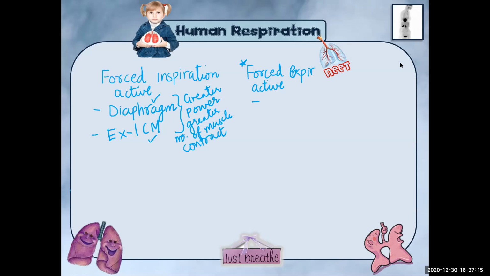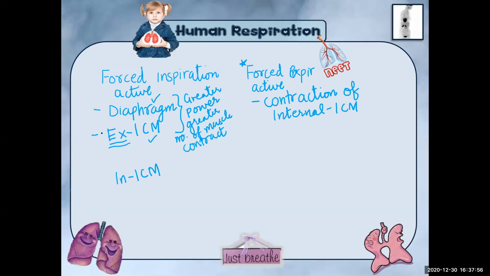ठीक है. Now forced expiration on the other hand is an active process. Now you remember that we were having external intercostal muscles and we were having muscles जिसका डायरेक्शन उल्टा था, right? तो what was contraction of external intercostal muscle causing? उसका opposite will be caused when there is contraction of internal intercostal muscles.